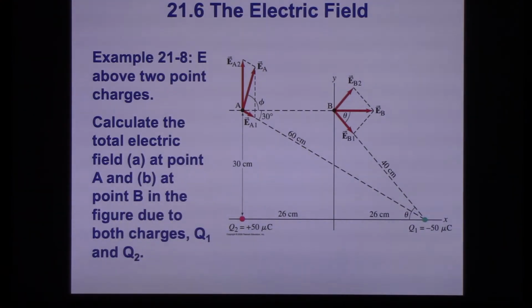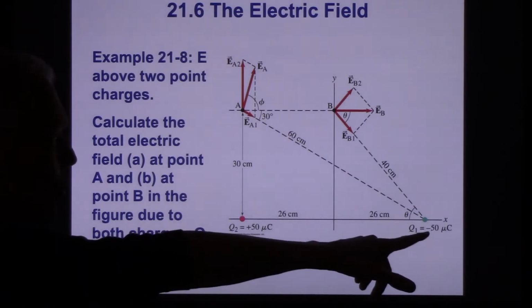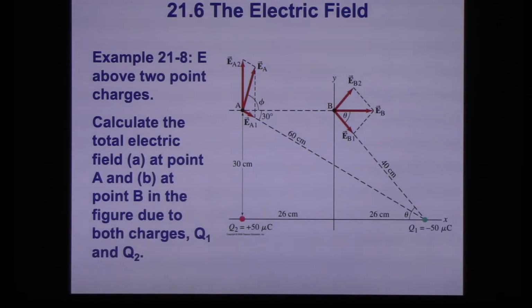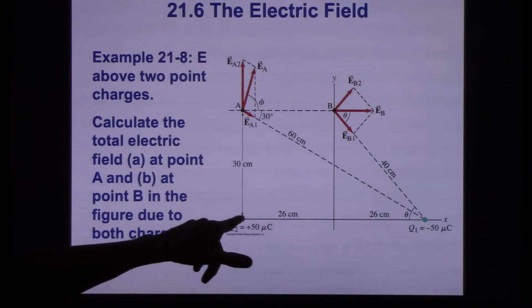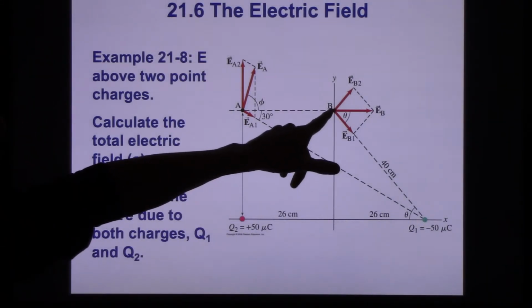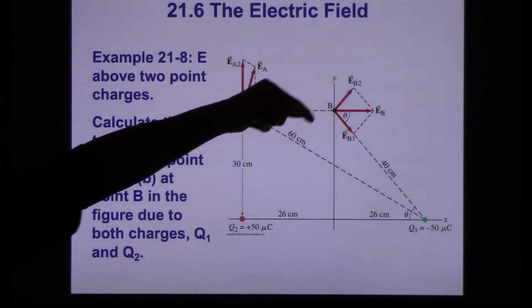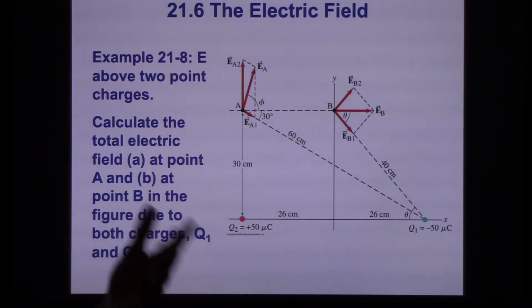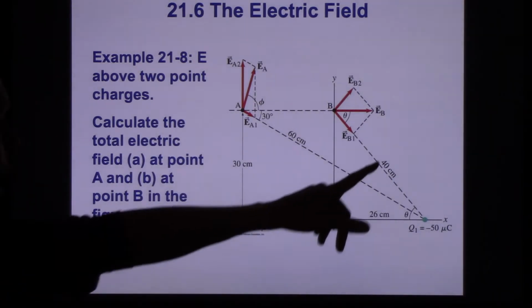Now, why did that happen? Well, it turns out Q1 and Q2 are the very same magnitude. They're 50 microcoulombs. And the distance between Q1 out to point B and Q2 out to point B is the very same distance. It's 40 centimeters.